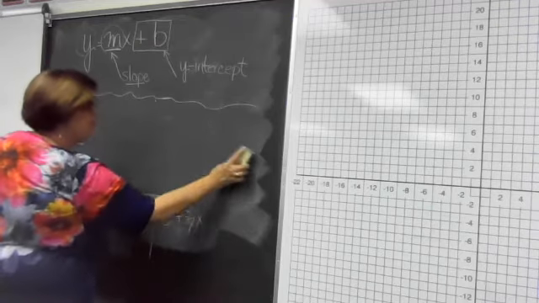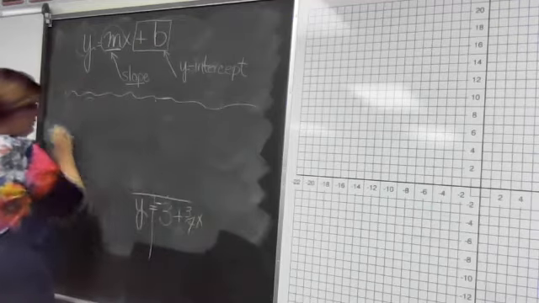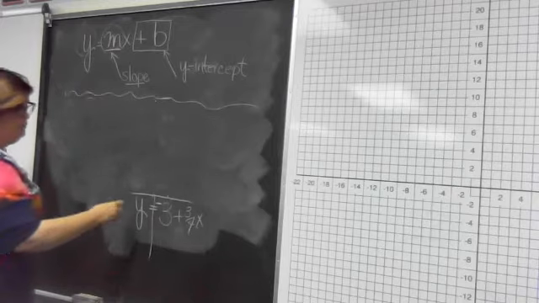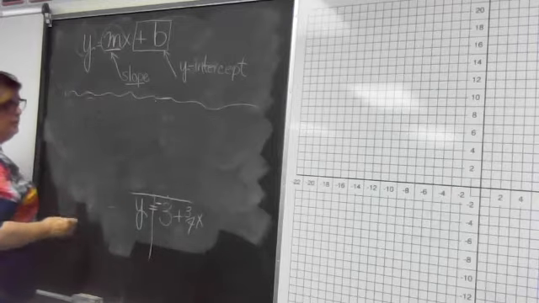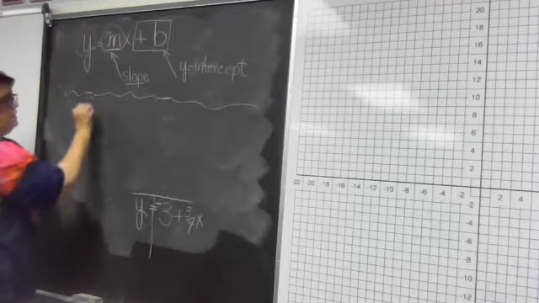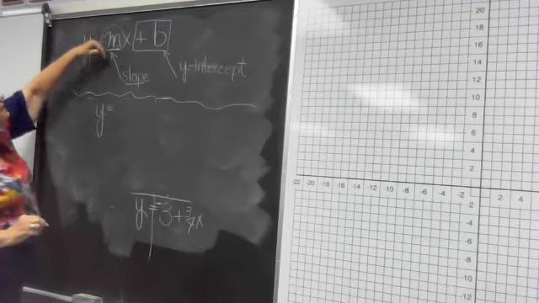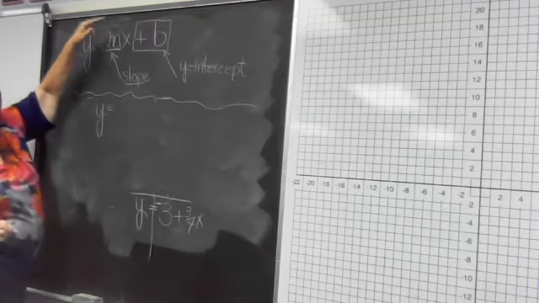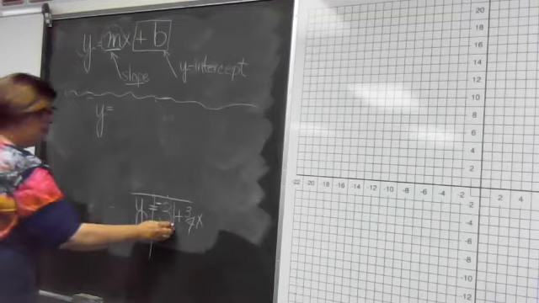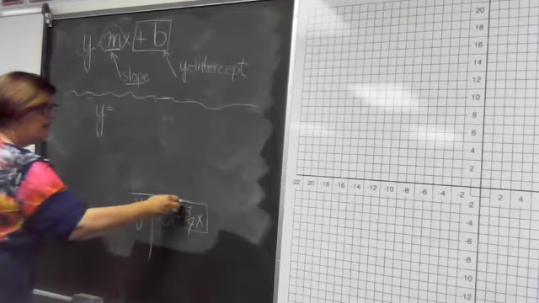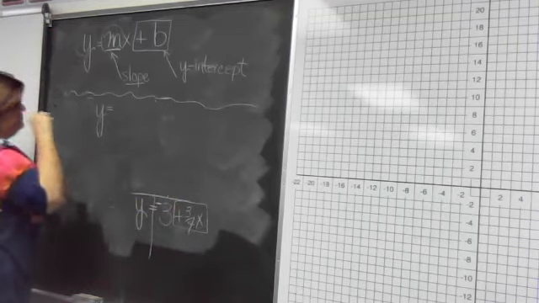Now, if switching places bothers you, don't do it. I'm going to rewrite this up here so we can graph it. So I've got y equals, but in my pattern, I really like to have the x number first. So I'm going to take the x number and its sign and write it first.